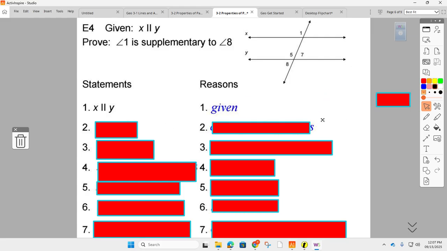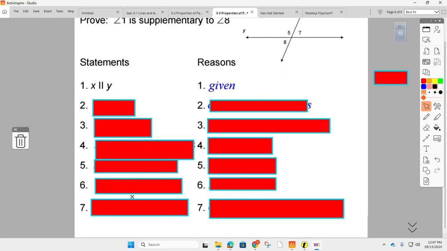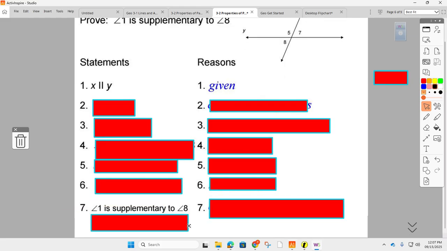If we're proving that angle 1 is supplementary to angle 8, we should know at this point, it's going to be my last statement. I don't know why this board is being so bad today. It's worse than normal. If we were writing it from scratch, we could start here and we know we have to end here. Without these numbers in here, we might not know it's going to take us 7 steps, but we would know that that has to be our last statement, okay?